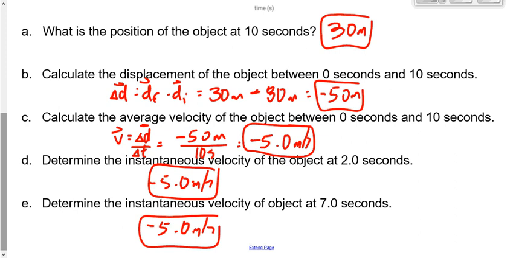Write these down: number 1, 2, 3, 4, 5, 6, 7, 8, 9, and 10.